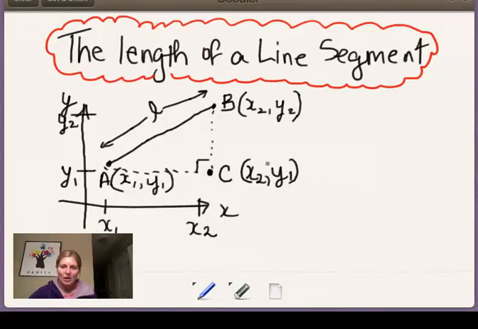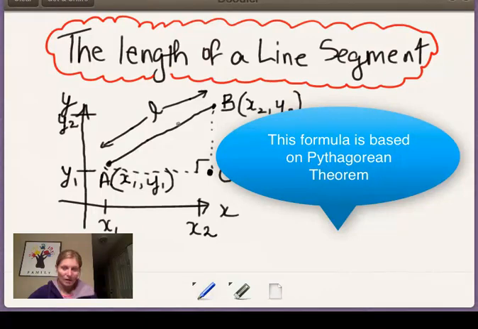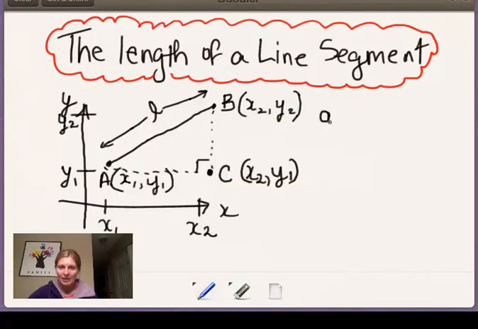So we know using our right angle triangle that a squared plus b squared equals c squared. That's Pythagorean theorem. So in this case, I'm going to put what we're looking for, which is our L squared. So we're going to use, like I said, Pythagorean theorem. So a squared plus b squared equals c squared.